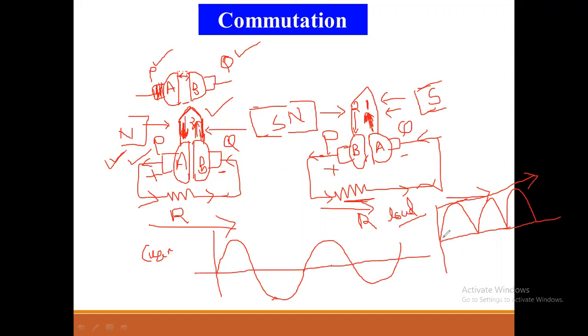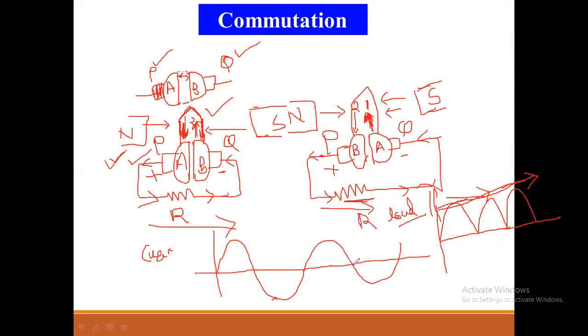Okay, so see, whether this quantity is AC or DC, ही जी डायग्राम मी ड्रॉ केली, whether it is AC or DC, DC. Okay, that means the meaning of that, the unidirectional current will be obtained when the current in the one coil will be passing from one pole to another pole. एका पोल कडून दुसऱ्या पोल कडे ज्यावेळेस कंडक्टर पास होतोय किंवा ती कॉइल ज्यावेळेस एका पोल कडून दुसऱ्या पोल कडे पास होते, at that situation it changes the current direction.